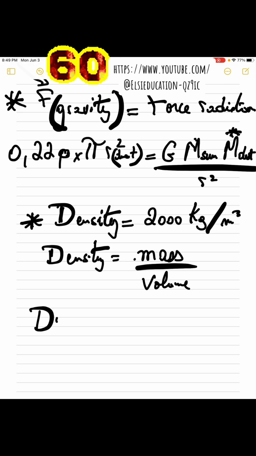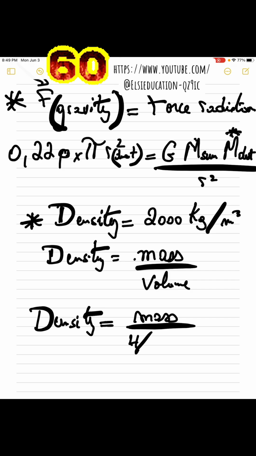The volume of the sphere is 4 divided by 3 pi r cubed.